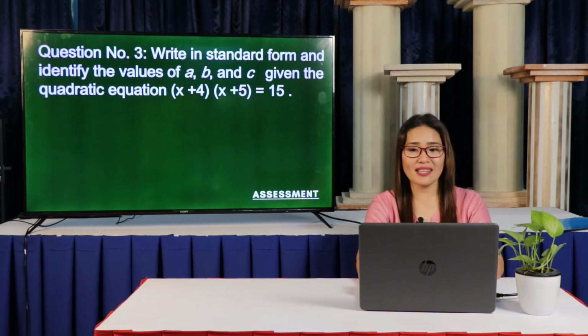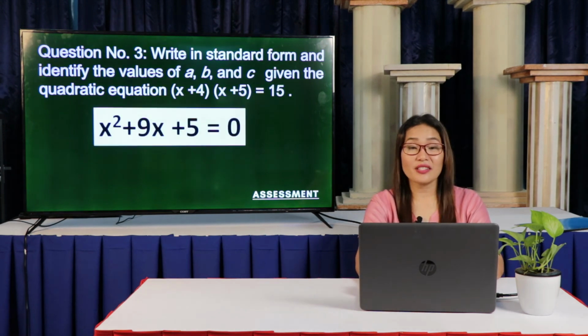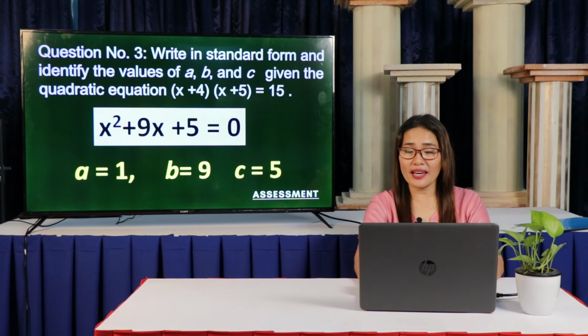You have 10 seconds. That's it! The standard form is x squared plus 9x plus 5 equals 0. The value of a is 1, b is 9, and c is 5.